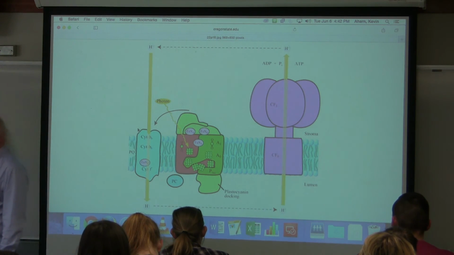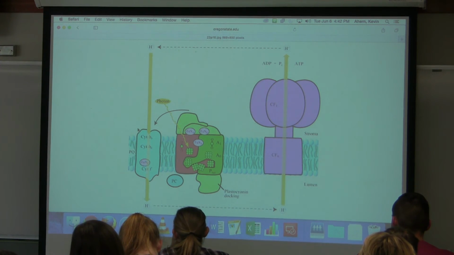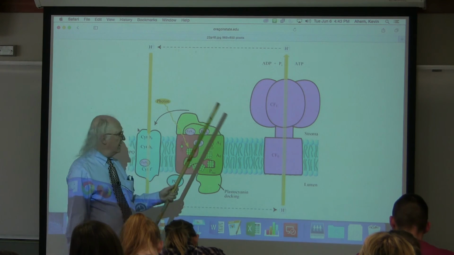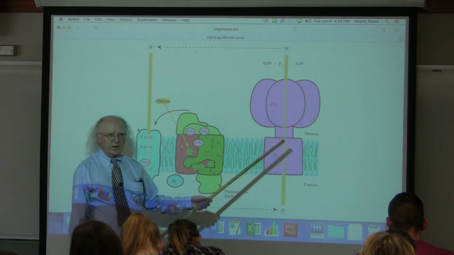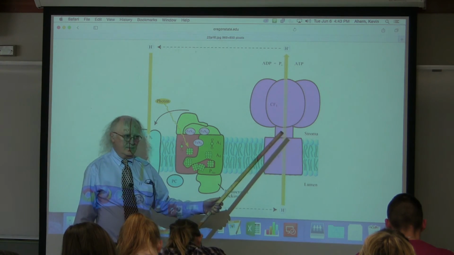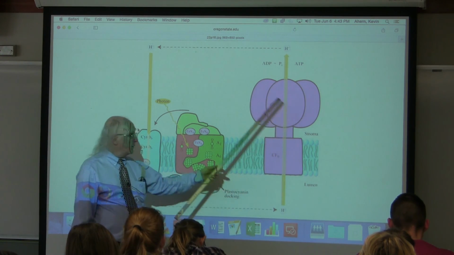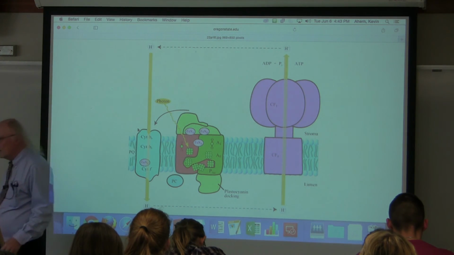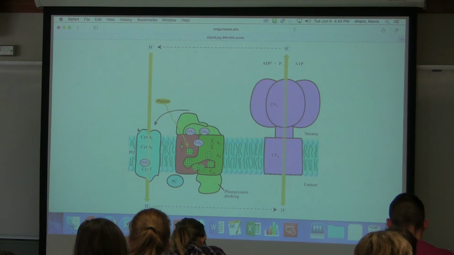So the ADP just sits there doing nothing. So rather than have NADP limit the amount of ATP that a cell can make, they've evolved this system called photophosphorylation. Cyclic phosphorylation.